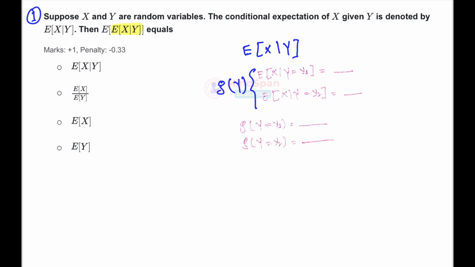So overall, this conditional expectation is a random variable, a function of y. What we need to find is the expectation of this random variable.